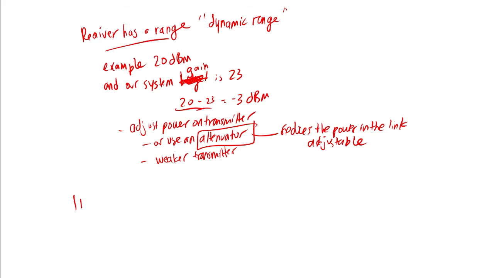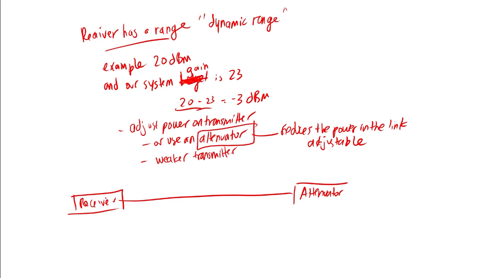So we've got our receiver and our fiber. We add an attenuator, and then we have our transmitter. So it can be fixed or it can be variable.